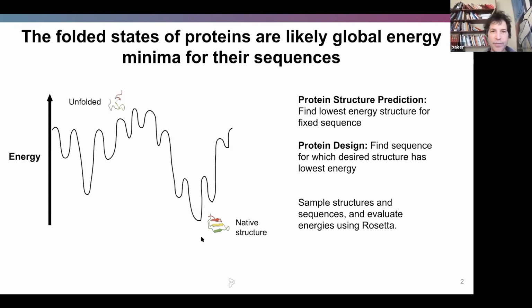Over the years, we've been developing a program called Rosetta. What this does is it calculates the energies of any particular configuration of a protein, and it samples through the space of possible structures and the space of possible sequences. That's how we've been approaching protein structure prediction and protein design.